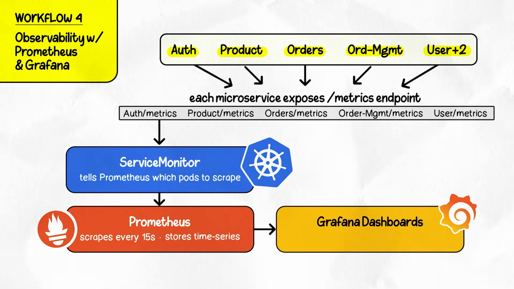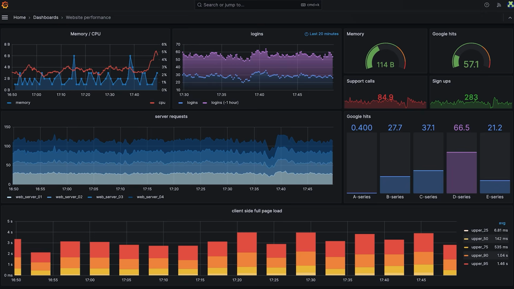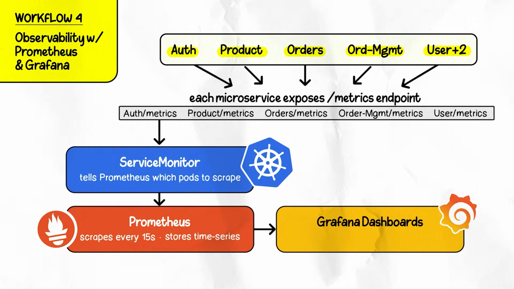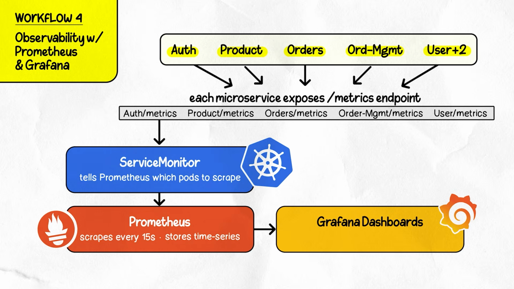Grafana then connects to Prometheus and visualizes the data through dashboards. The Service Monitor YAML acts as a bridge between our monitoring stack with Prometheus and our application containers. Without this resource, Prometheus will not know our services exist. So it's very critical. For each service, we monitor 3 key signals: request rate, error rate, and latency. If a deployment introduces a problem, the Grafana dashboard shows the impact immediately.